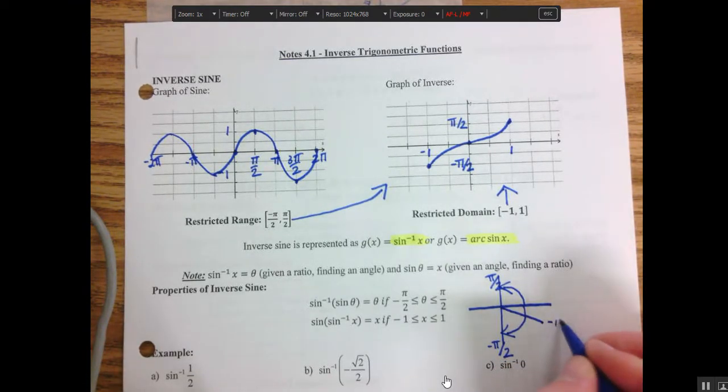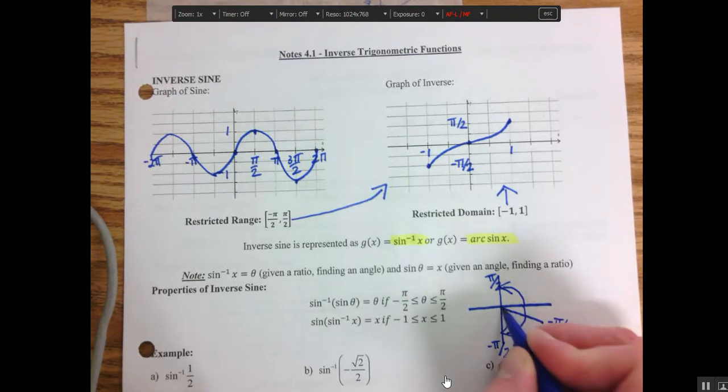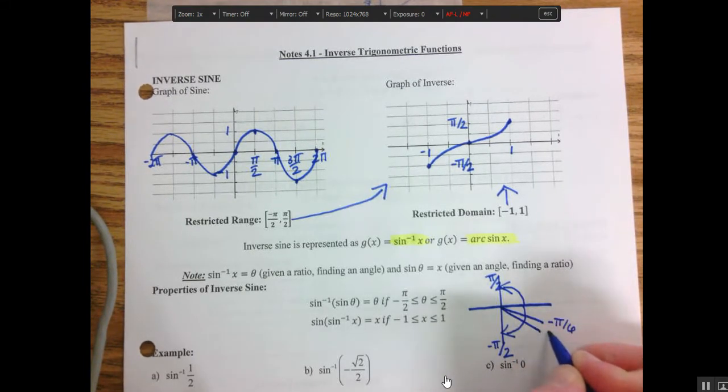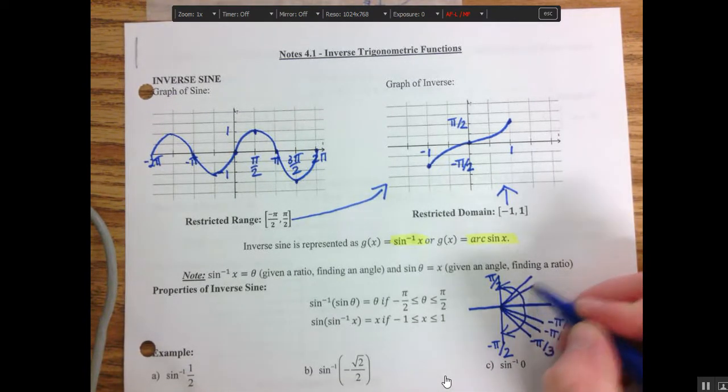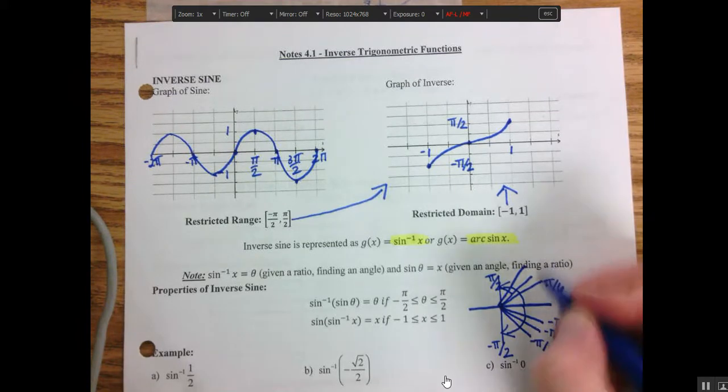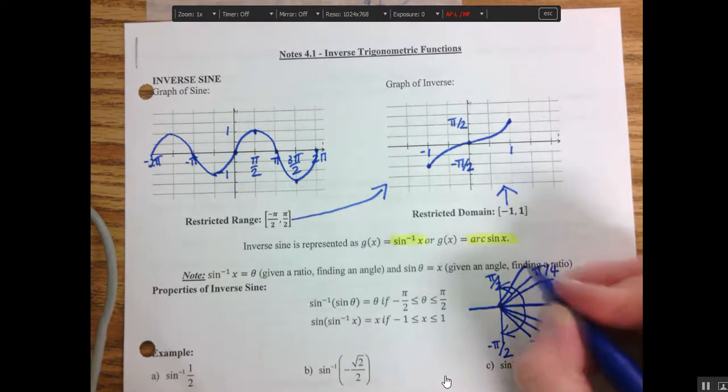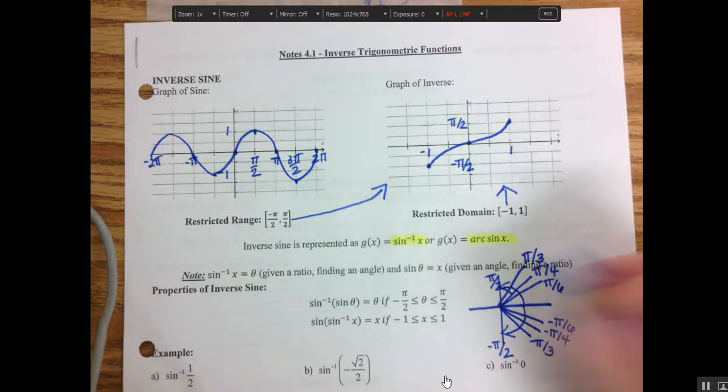So this is negative pi over 6, negative pi over 4, negative pi over 3. And then the first quadrant is the same first quadrant that you know and love. Pi over 6, pi over 4, and pi over 3.